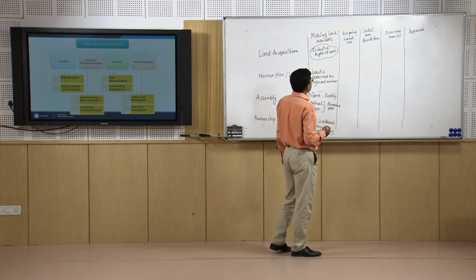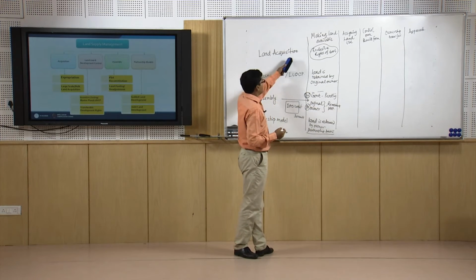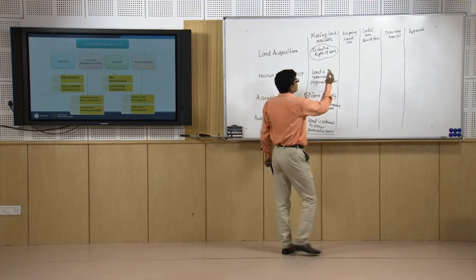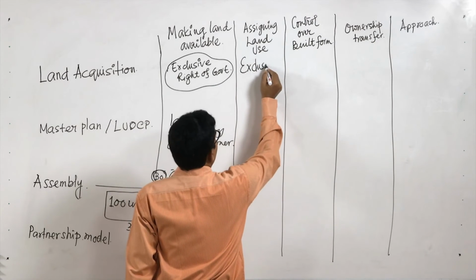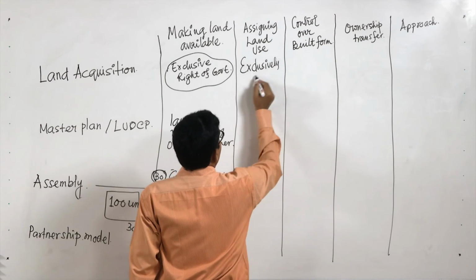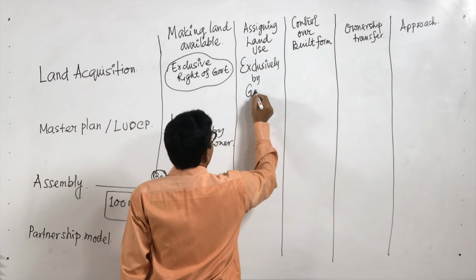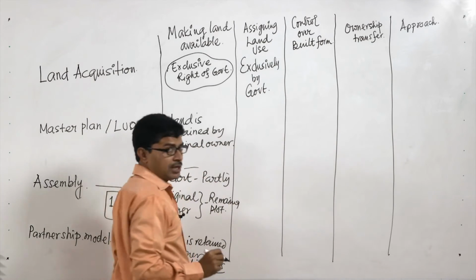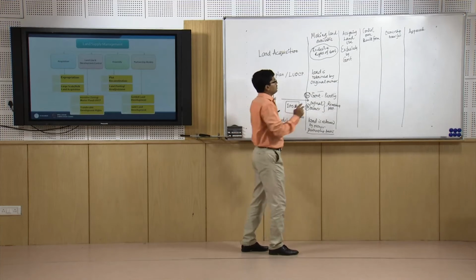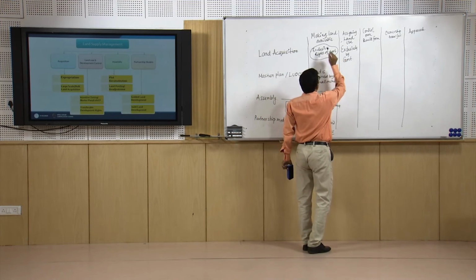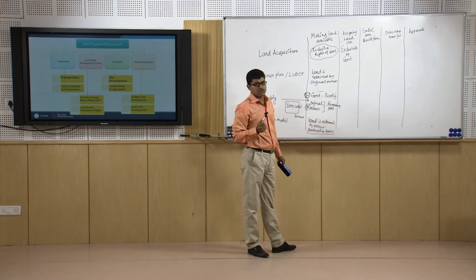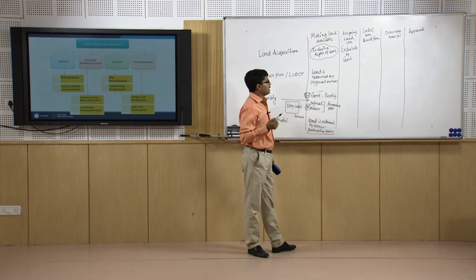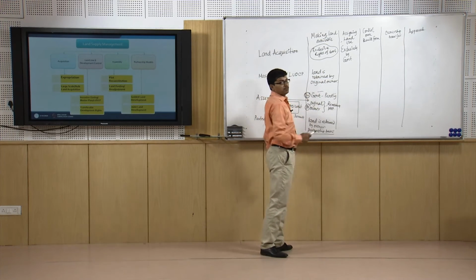Then assigning land use. Here in the land acquisition method, it is exclusively by the government. Basically, depending on that particular land use, government acquires the land. If it is industrial use, or infrastructure, or any kind of transport terminal, or housing, or a new township, for that government takes the land for the public purpose.